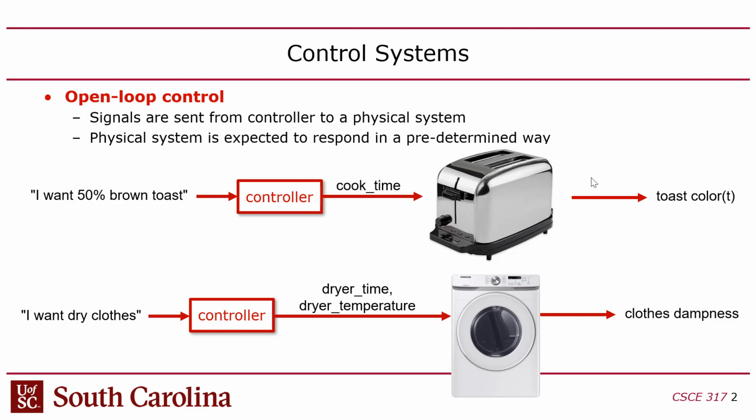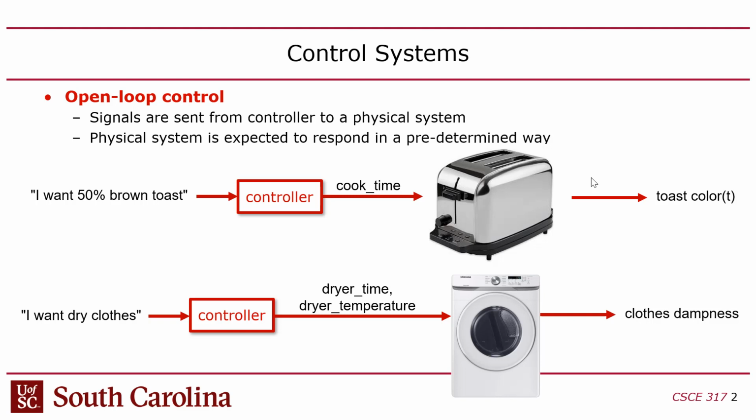So you have this idea in your head of what you want the toast to look like, and then you have this process in your mind where you translate that into a setting on the toaster, and then you activate the toaster, and then the toast comes out. And in my case, it's never right. It's always either too cooked or not enough.